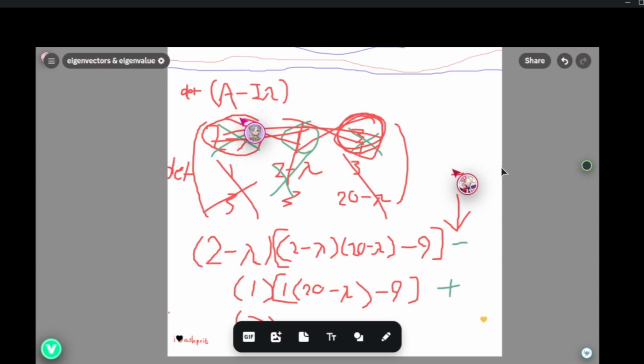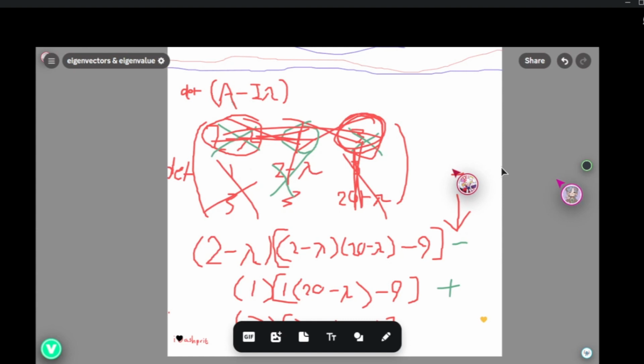So when we delete 3, yep, delete this part, delete this part. 1 times by 3, 3, 3, minus 3 by 2 minus lambda. Yep. Yeah, that looks about right.